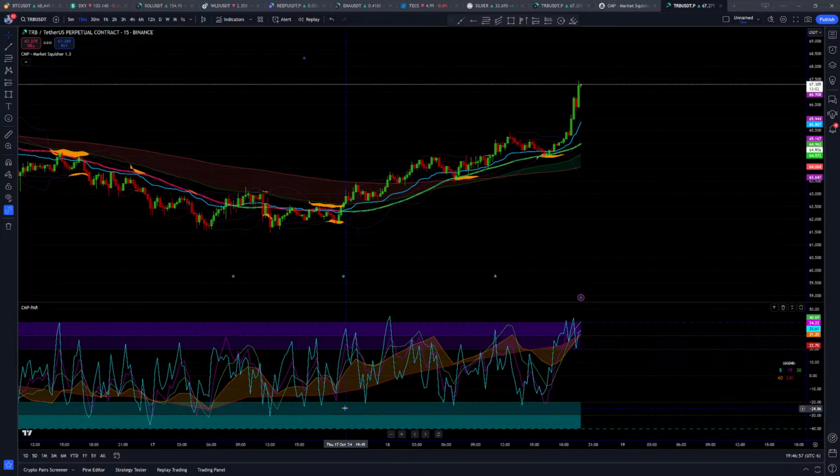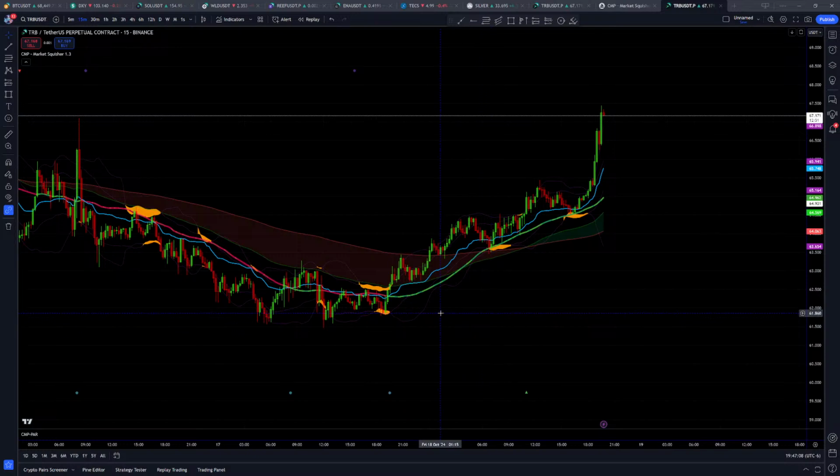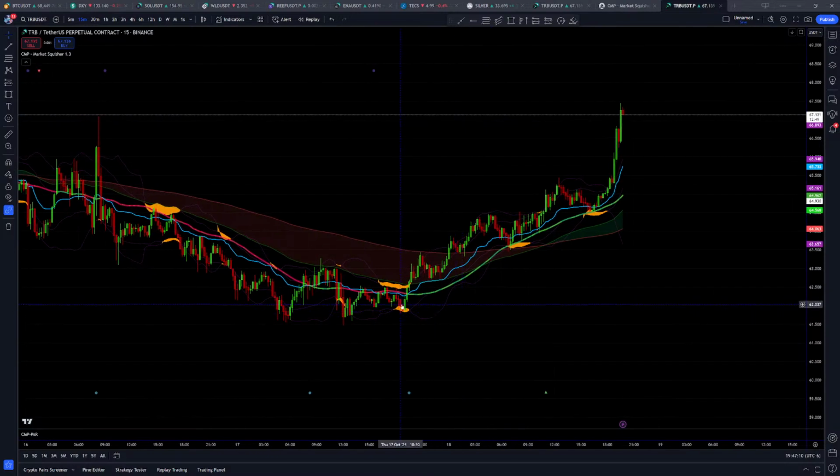However, what if you did miss that initial move and you're like, oh man, I missed the boat? Well, in this example, you can see as the moving averages are all stacking in your favor, you get another opportunity. In fact, as the moving averages are fully crossed and in your favor, you get half a squeeze in your favor.